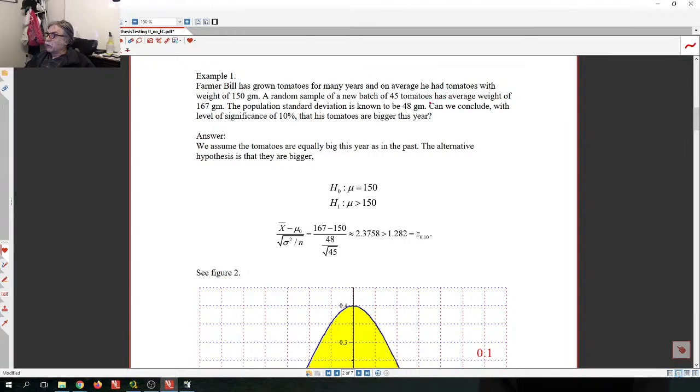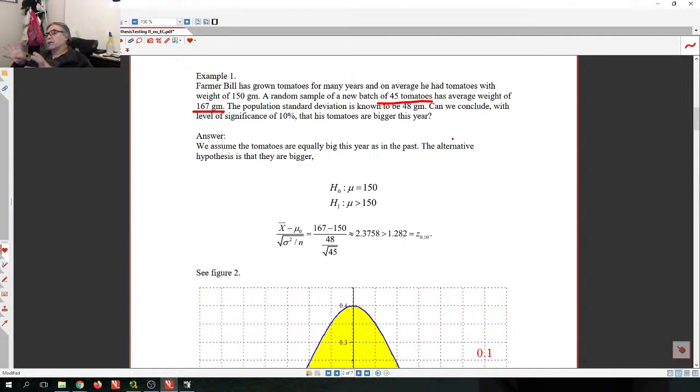But in the new batch of 45 tomatoes, that's a sample, notice it's a large sample, the average weight of a tomato is 167 grams, more than the 150 that was before. Now, can we conclude with the level of significance of 10% that his tomatoes are bigger this year?